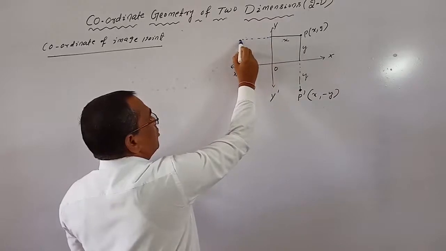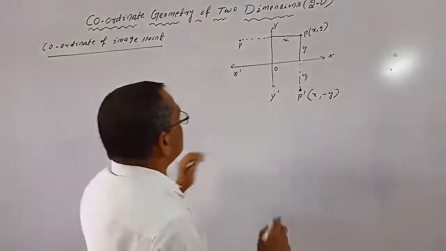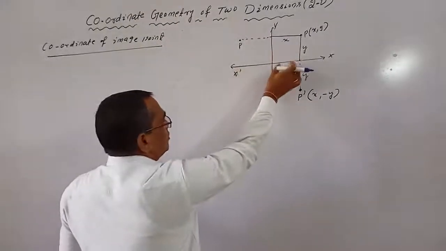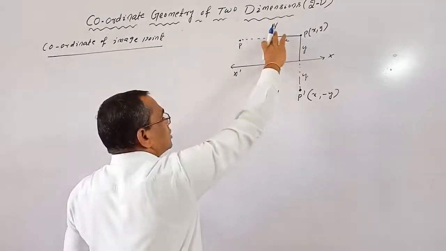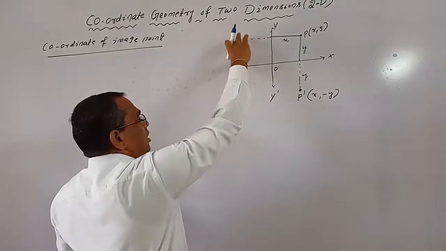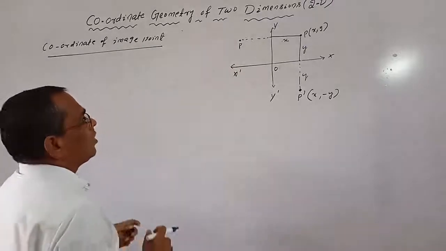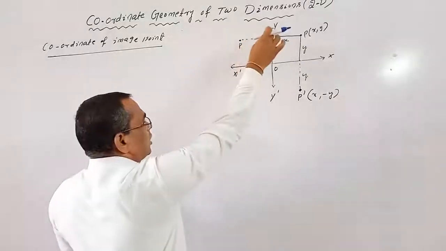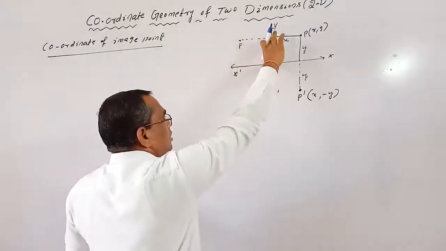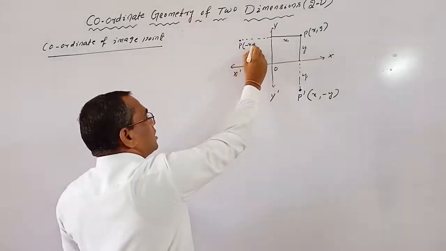That is the image point P dash. This one is y, it is also y, and the x coordinate is this distance x, so its coordinate is minus x comma y.